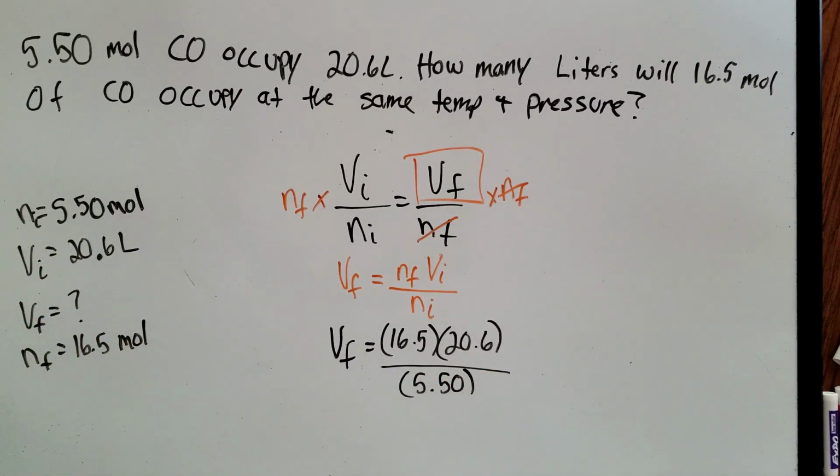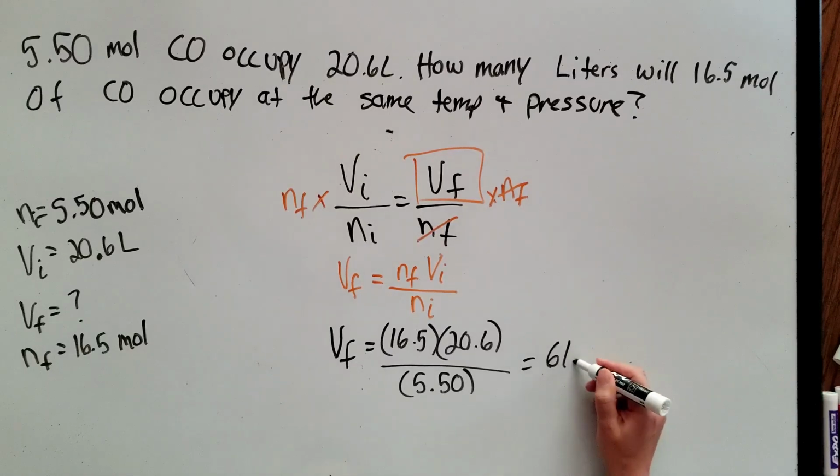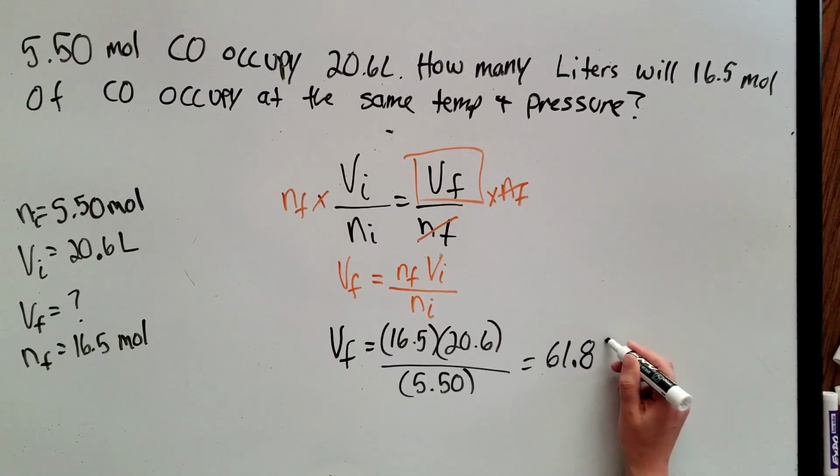Okay, so when I multiply that out, we're looking at how many sig figs this time? 3, so 26, and then divide that whole thing by 5.5. So 3 sig figs, I get 61.8. What are the units? It's a volume, so it's liters.